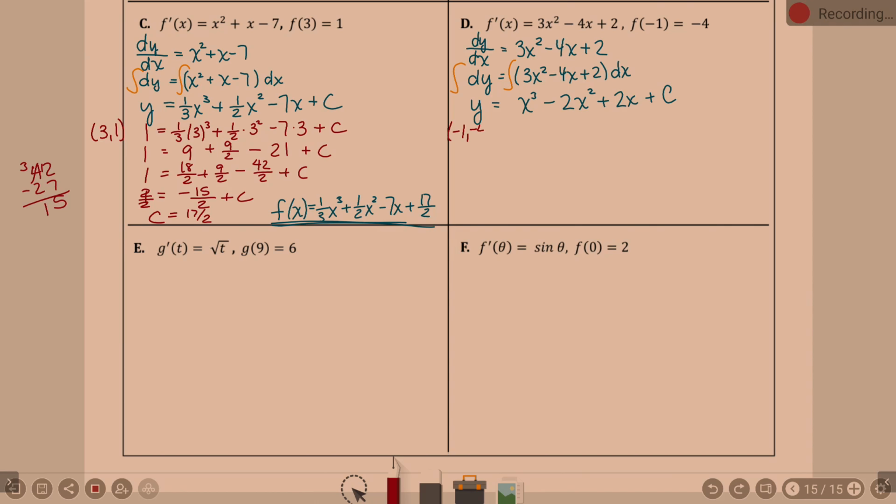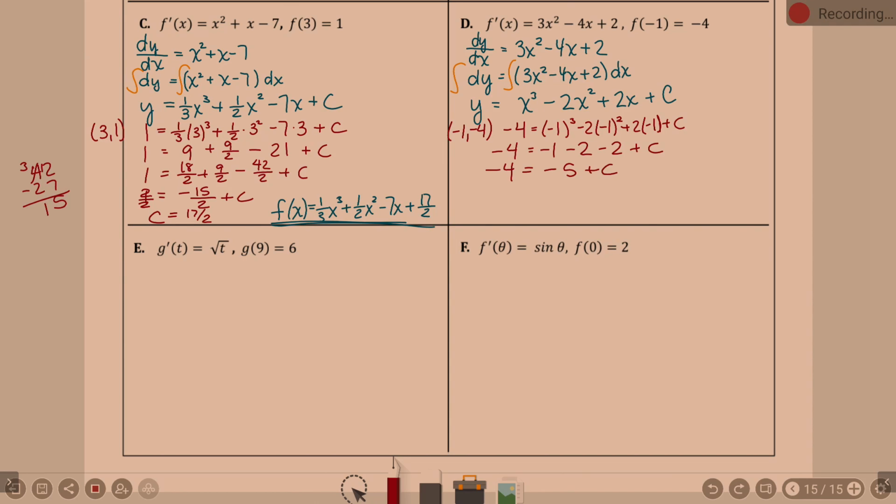Okay, ordered pair of -1, -4. -4 equals -1 cubed minus 2 times -1 squared plus 2 times -1 plus c. Well, at least we don't have to go the fraction route this time, right? -1 cubed is -1. -1 squared is 1 times the -2. 2 times -1 is -2 plus c. -1 minus 2 minus 2 is -5.